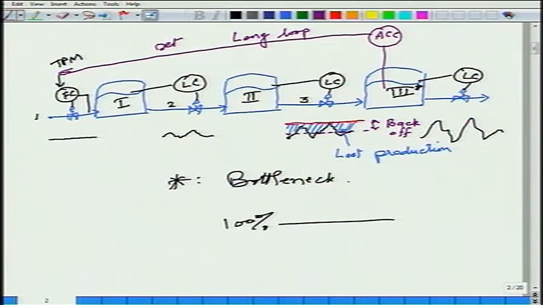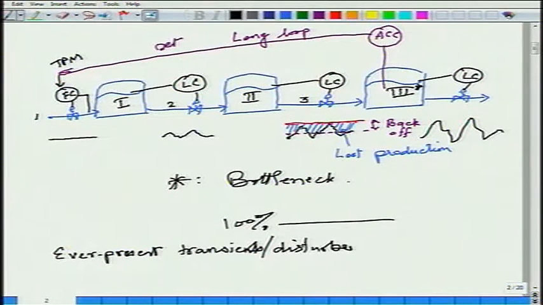So, what that means is ever present disturbances, or ever present transients, oblique disturbances, necessitate what?